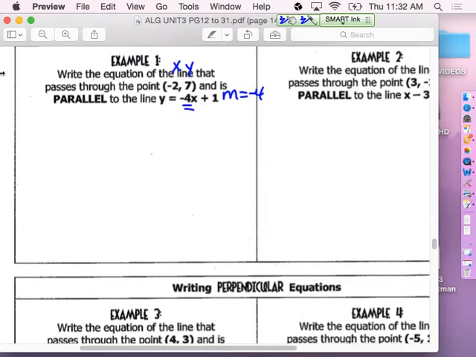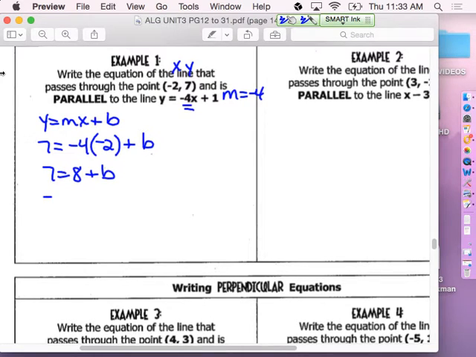So I'm going to use this model, and I would let y become 7, m is -4, x is -2, and that allows me to solve for a different b. So I have 7 equaling 8 plus b, -1 is b. So the final answer: y equals -4x minus 1.